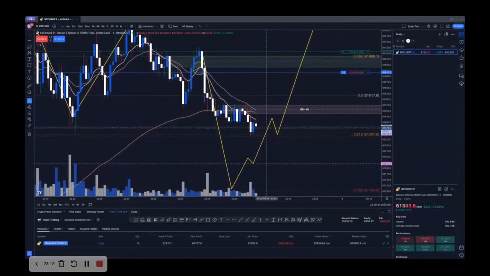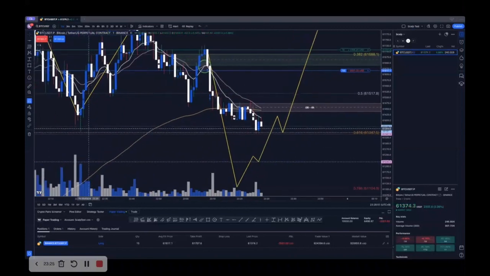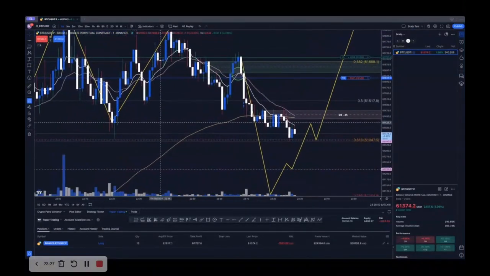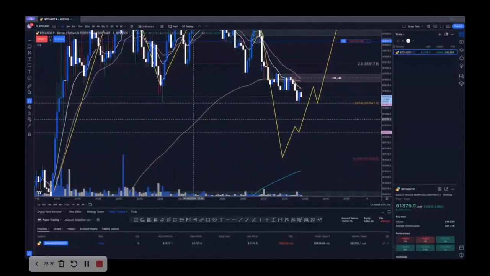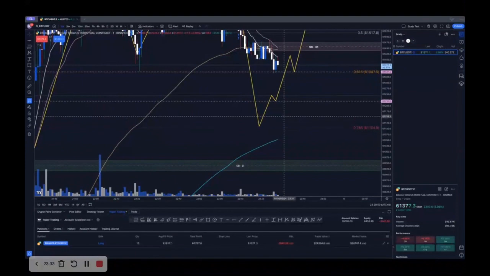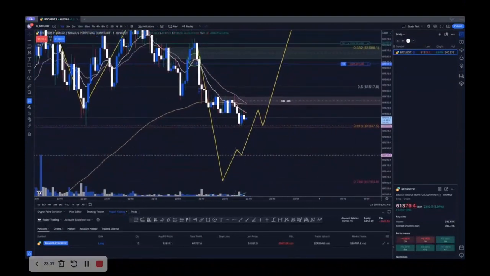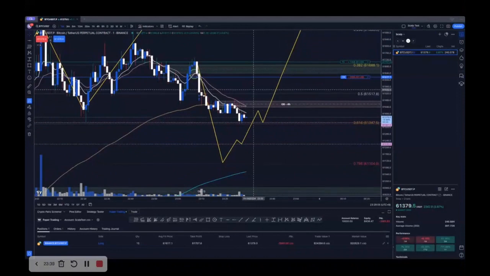And now the new line that's holding is the 618, which we also tapped into in the previous wick. Our last line of defense is probably the EMA. But we're too early to tell.